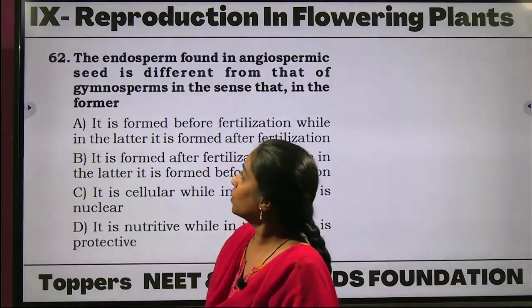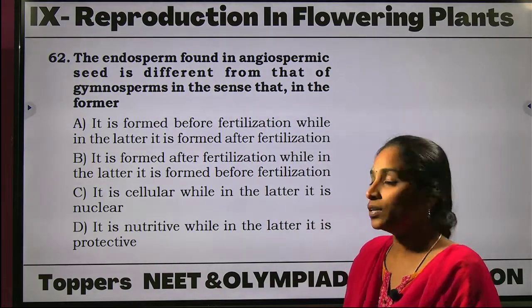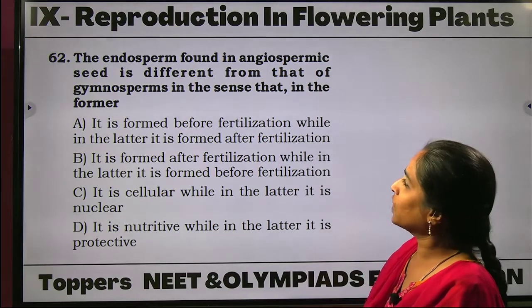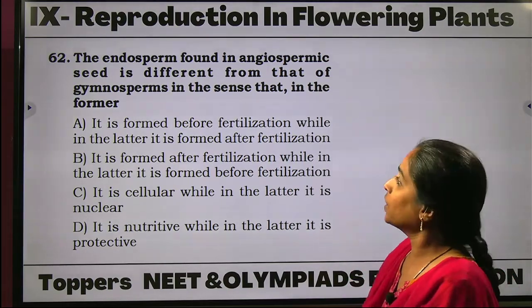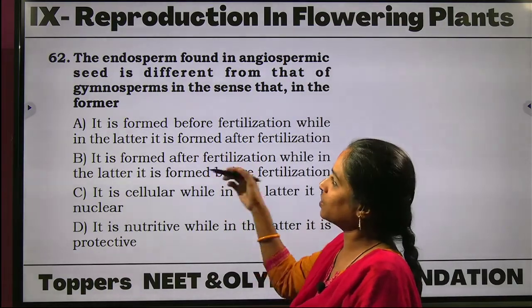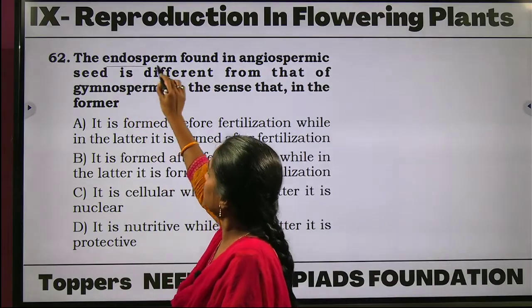Next, coming to the next question: the endosperm found in the angiospermic seed is different from that of gymnosperms in the sense that it forms what? The endosperm found in angiosperms. What is endosperm?